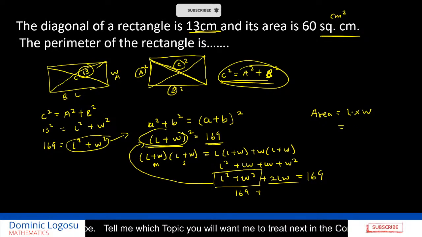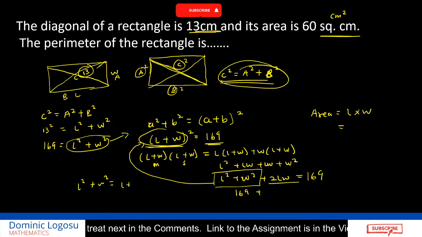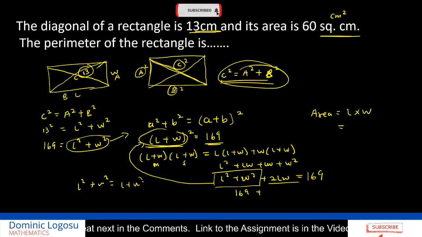Awesome. So we'll quickly have to find the area and then we'll do the times 2. So L times 2. Okay, and then we've established that this L squared plus W squared is the same as L plus W all squared.